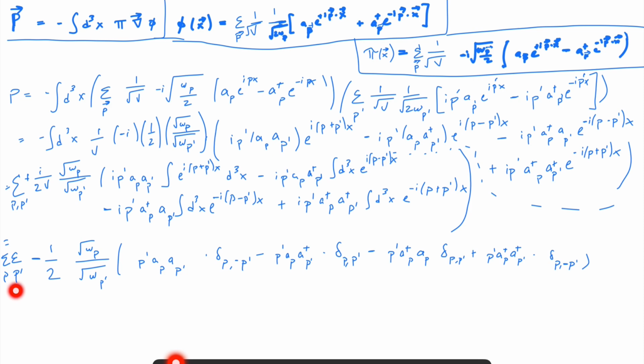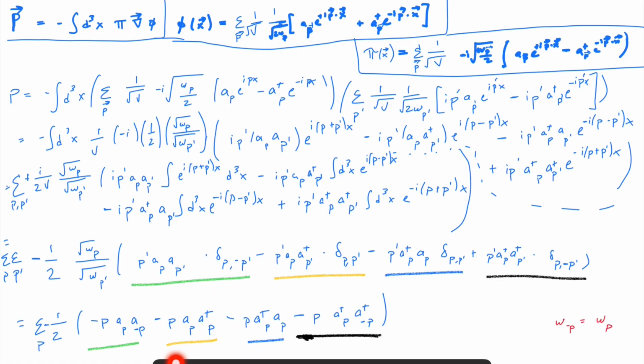And now I can finally do what I mentioned before, the sum over the p primes, using these delta functions, which force p prime to equal -p. And if that happens, these two terms will cancel. Sometimes I'll have the square root of omega p over the square root of omega p, which cancels, or the square root of omega p over the square root of omega -p.